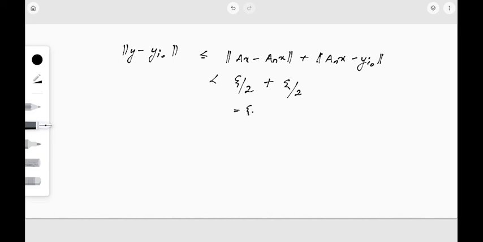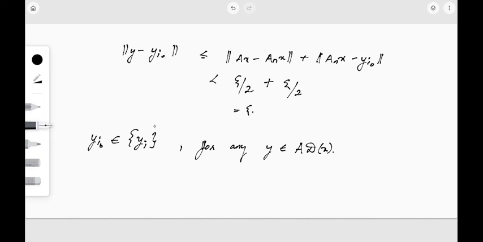Okay, so y_i dot was an element of the epsilon by 2 net of A_n of d of x, and we have obtained that for any y element of A of d of x, norm of y minus y_i dot is less than epsilon.